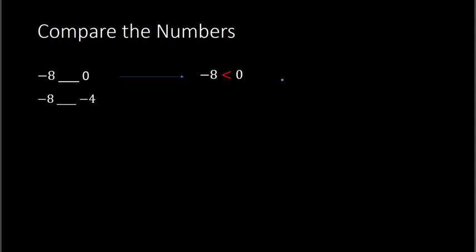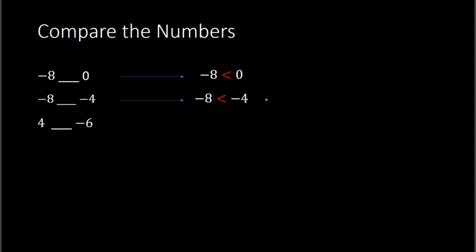Here's another example. -8 and -4. What would your inequality symbol be to connect those two numbers? Which number is bigger? Well, -4 is actually bigger. It is closer to 0. -8 is more negative. So when you write your symbol, you want the mouth facing the -4 because -4 is bigger. My symbol would look like this, and in English, we would say -8 is less than -4.